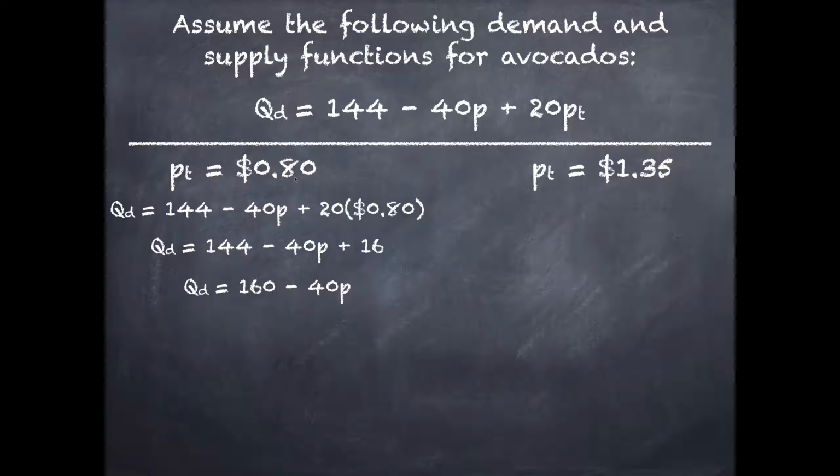We put the 80 cents into the demand function. So we have 20 times 80 cents, which gives us 16. So the demand function is 144 minus 40p plus 16. This gives us a demand function that QD is equal to 160 minus 40p.